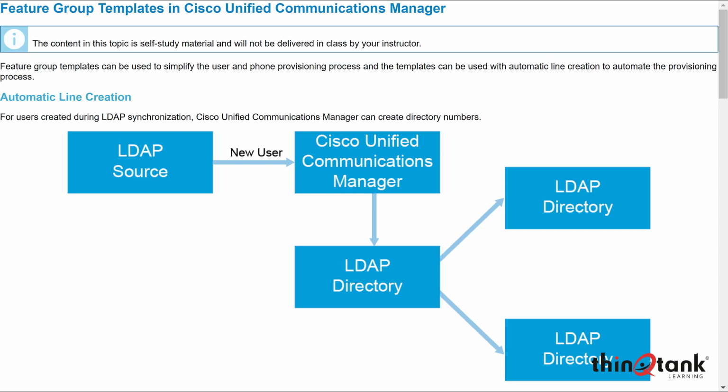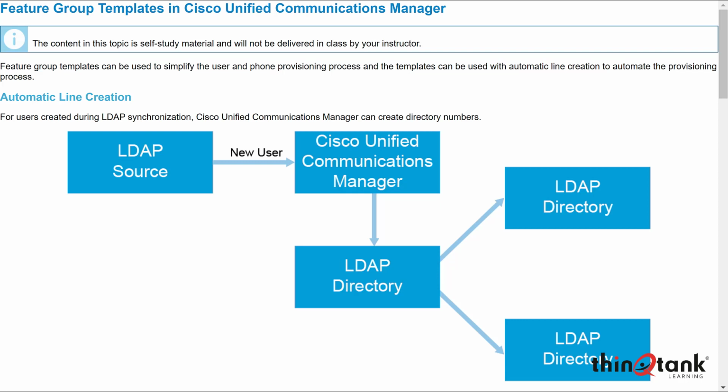And if we have users being enabled based on self-provisioning, we can use these feature group templates to allow those users to also provision and set up their own phones with their desired phone configuration, phone line settings, and service settings.